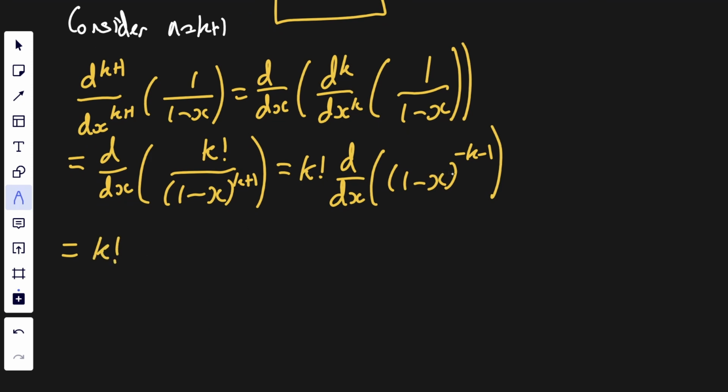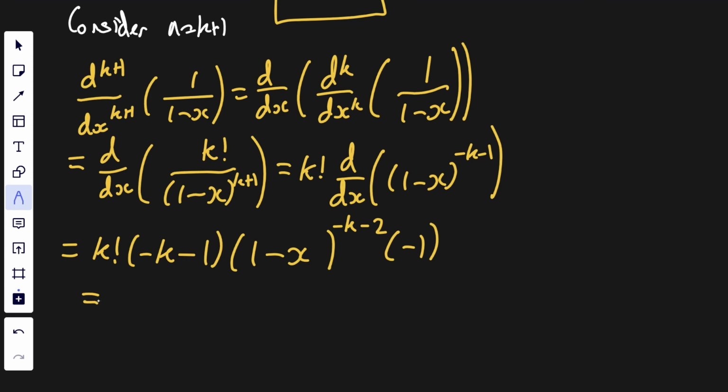So derivative of the outside, which is minus k minus 1, something to the power of this power minus 1, so minus k minus 2, and then we put the inside back in, and we multiply by the derivative of the inside. We can cancel out the negatives, giving us k factorial times k plus 1 times (1 minus x) to the minus k minus 2. Now you might be able to see straight away what to get to.